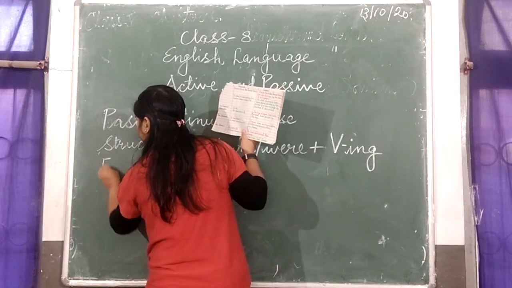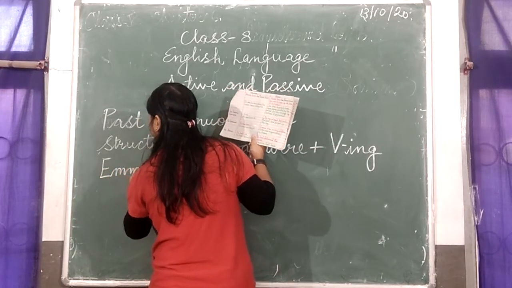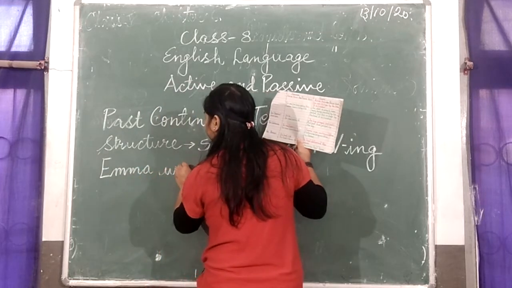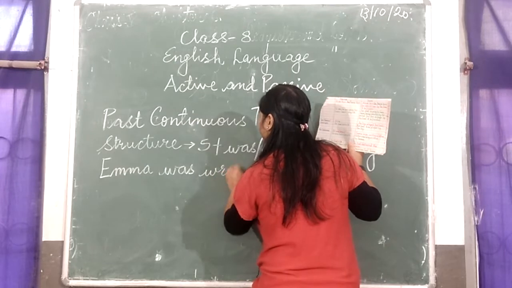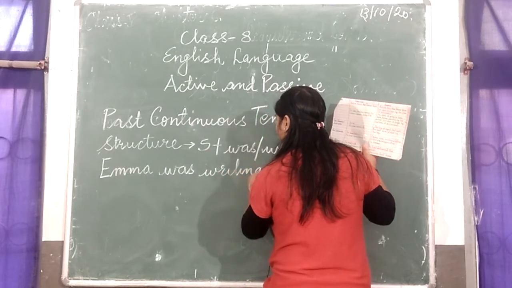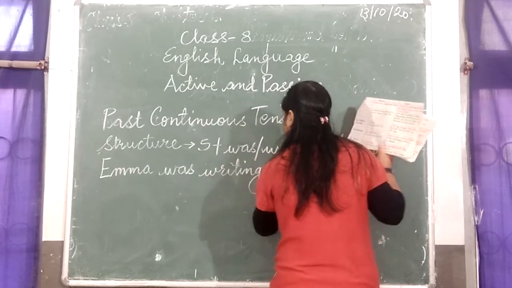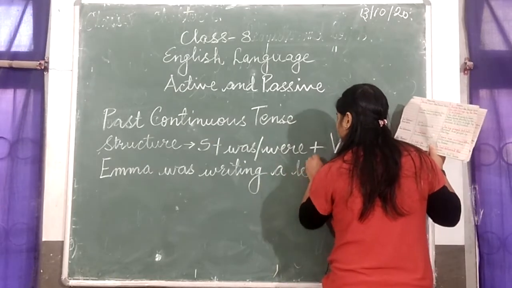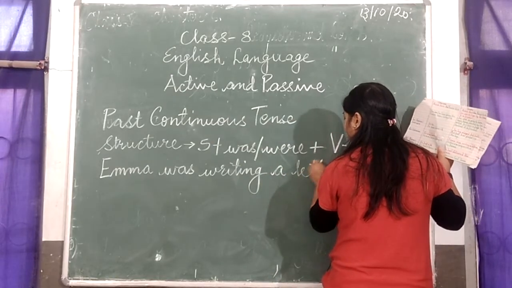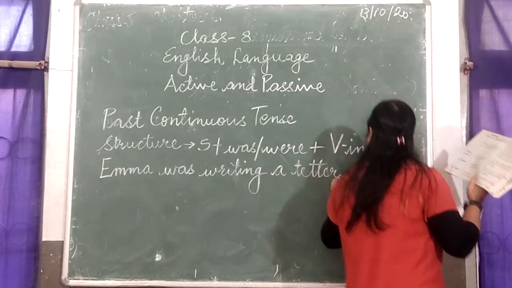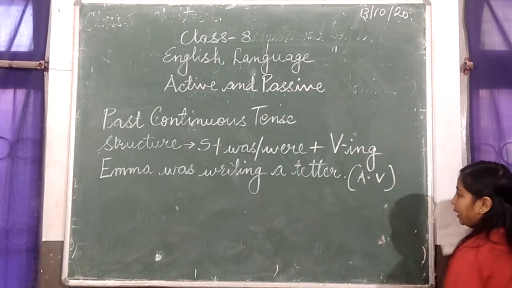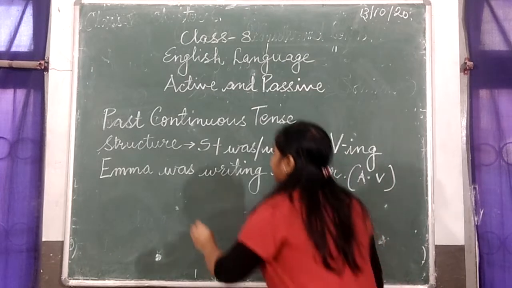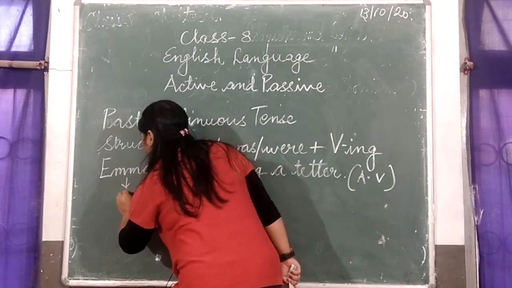Emma was writing a letter. This is in the active voice. See over here, children. The subject is there, isn't it?